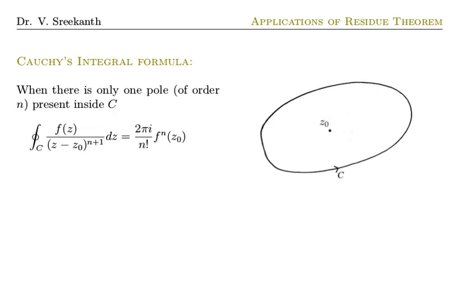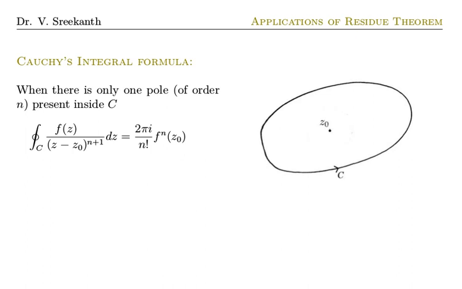For example, if you only have one pole of order n, then you can calculate the closed integral over C of f of z divided by (z minus z0) raised to n plus 1 dz like this, right? And this is nothing but Cauchy's integral formula.